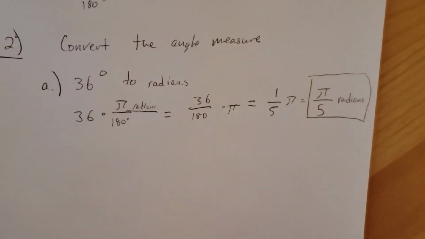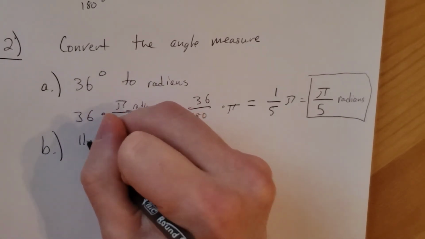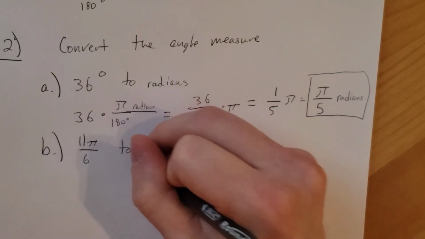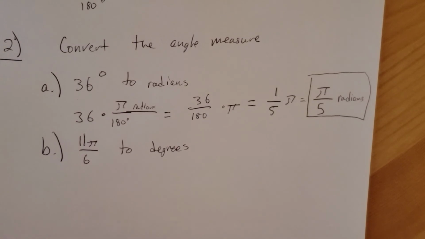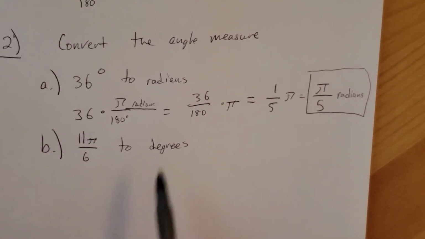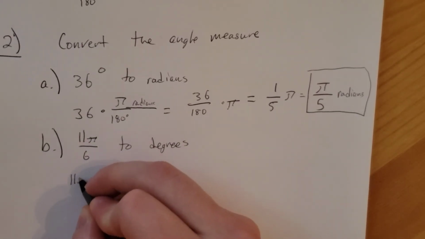We'll do one last example here. And that is 11 pi over 6 to degrees. Anytime we write 11 pi over 6, probably assume that that is in radians. And we're going to convert that to degrees. How do we do that?